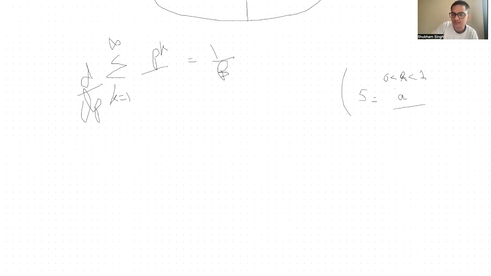So a and r are between 0 and 1, and this can be written as a divided by 1 minus r. Using this formula, we write this as p by 1 minus p, since it grows by p every time and a is equal to p, right? I hope that's clear.